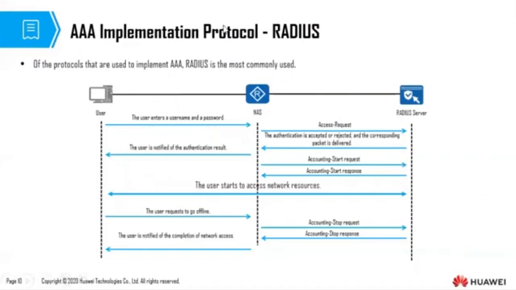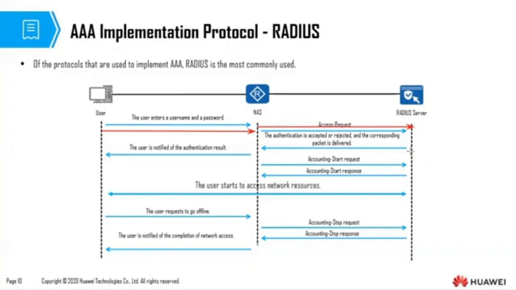Okay, so this is what happens as step number one. The user will send their username and password to the network access server. Then the network access server will send that username and password to the Radius server.